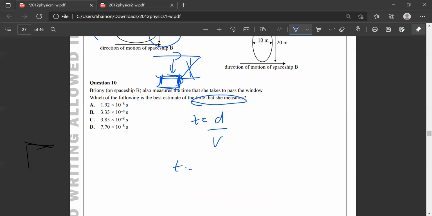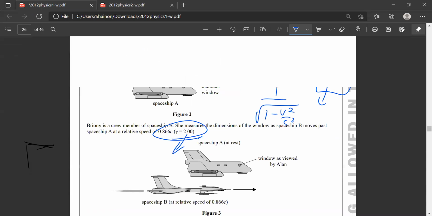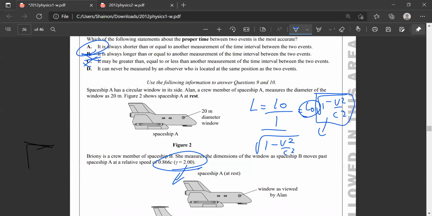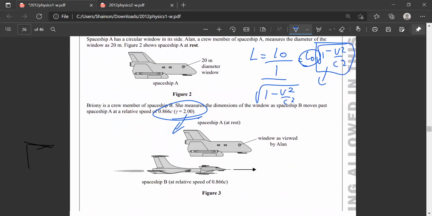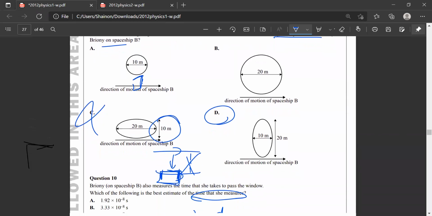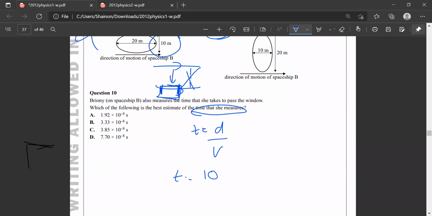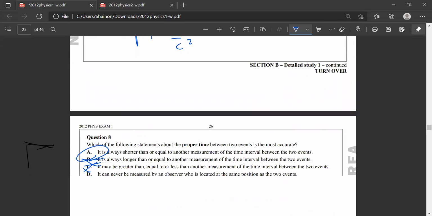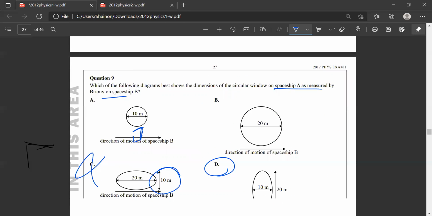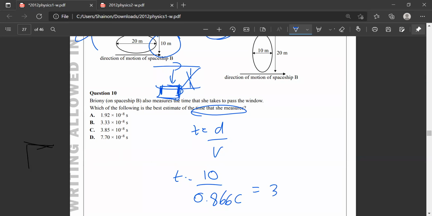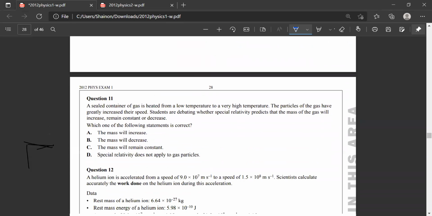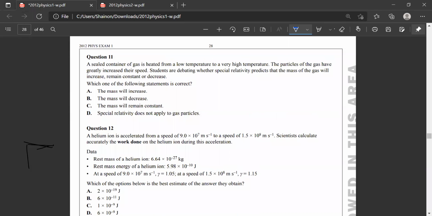Time equals distance, which is 10 over 0.866 c, which is 3.85 times 10 to the power negative 8 seconds.